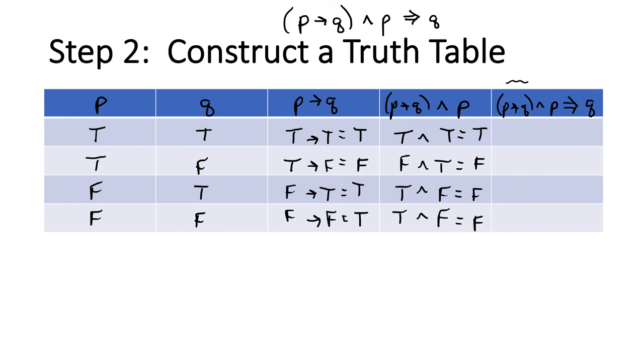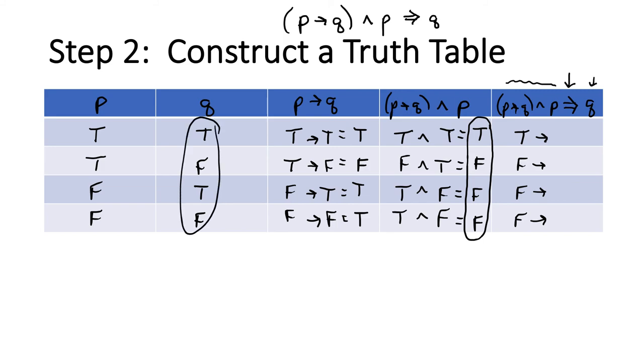All right, so again, we're going to start by copying. So this entire part right here is going to be copied from over here, the answers that we got when we did that part. So T, F, F, F. Now, this implied symbol, when we're putting it into our truth table, it goes in as just our regular arrow. So it becomes like an if-then statement. All right, and then we're going to copy our Q's. So we'll copy from over here, TF, TF.